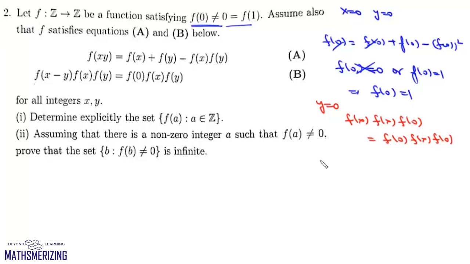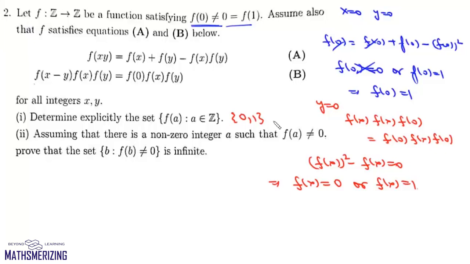So from here we can write f(x) square minus f(x) equals 0. That means the value of f(x) is either 0 or 1. So this function f(x) can take only 2 values, 0 and 1. That means the range of this function is simply {0, 1}. And that's your part A.